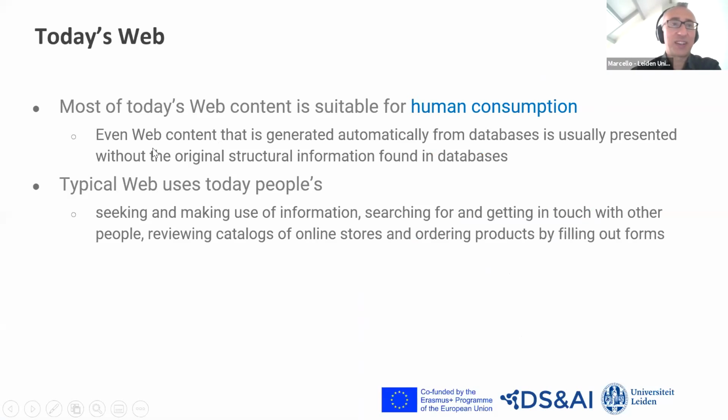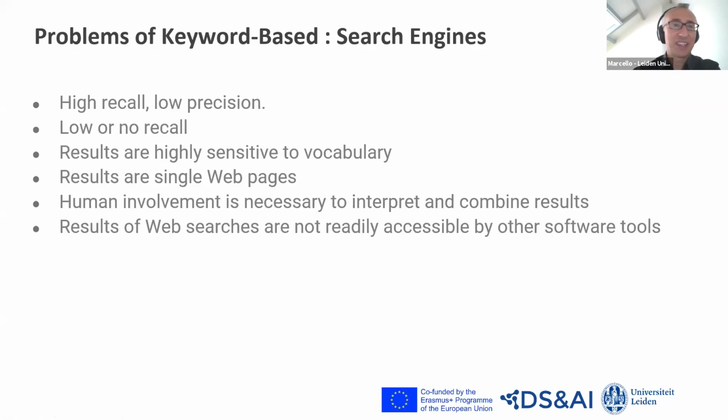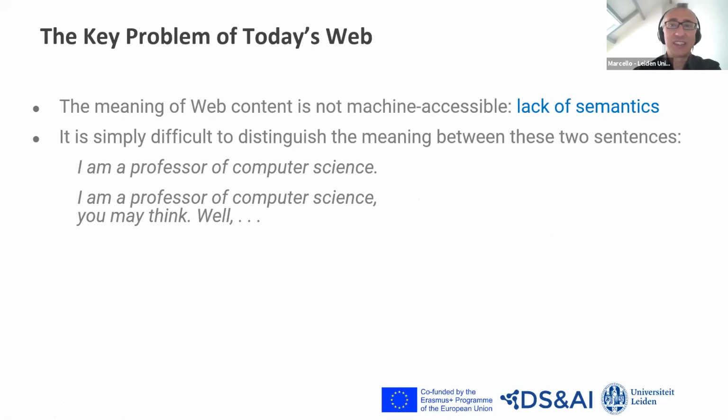Okay, so that's more of a light version than what we saw before. So here we have the web. How is it used today? You use it for searching, and the search is just based on keywords, and that's basically all.